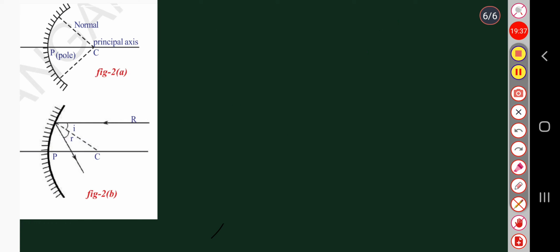Children, what is the use of finding the normal line? Now tell me, what is the law of reflection? The first law is that the angle of incidence equals the angle of reflection. What is the angle of incidence?